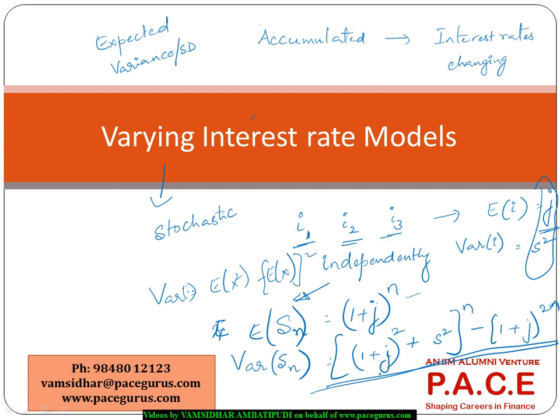If I want to know what is happening there, the variance for me is nothing but, as I said, expected value of x squared minus expected value of x whole squared. So expected value of x is something which we have already got, which is (1 plus j) to the power n.